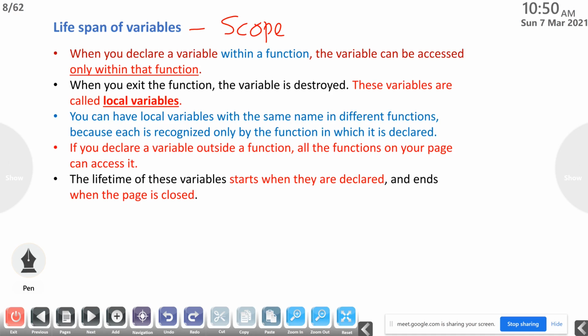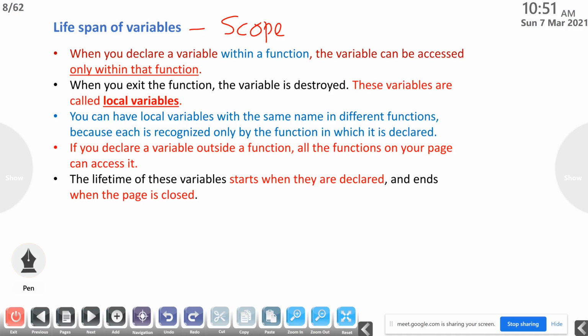That we know, in C also, in Java, in C++, in I think all the programming languages, this is the practice. The scope of that variable or the life of that variable should only be within that function. If we are calling the variable outside the function, then it's not possible. When you exit the function, the variable is destroyed.